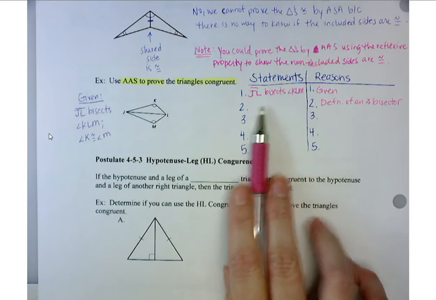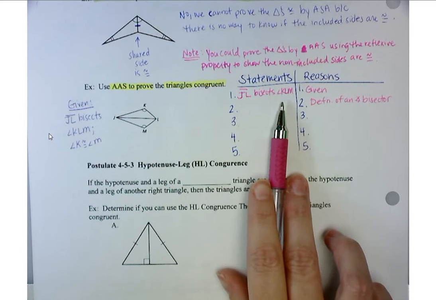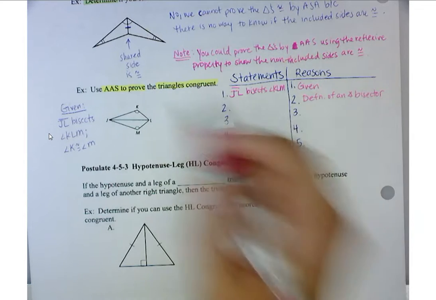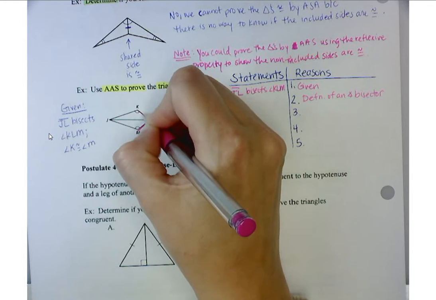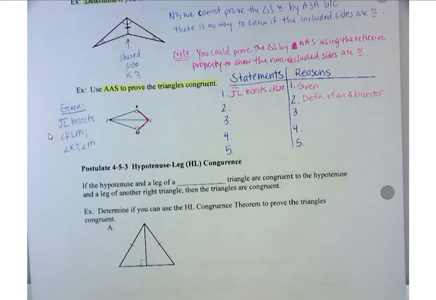So some people have trouble writing this statement, and I think it's just because you aren't really looking at what's happening. So if JL is going to bisect angle KLM, I might even just say, here's KLM, and then based on the definition of a bisector, Josie, what do we know is congruent?